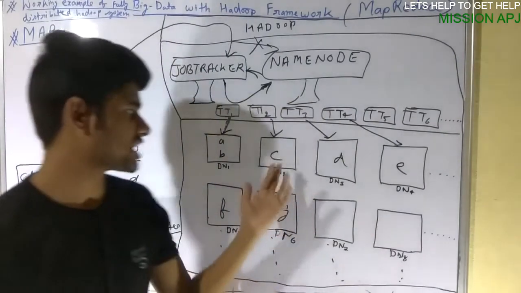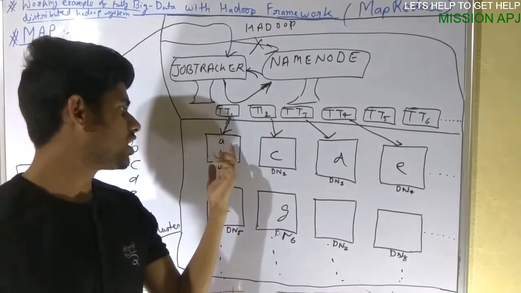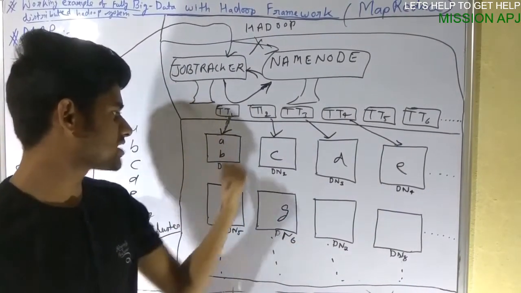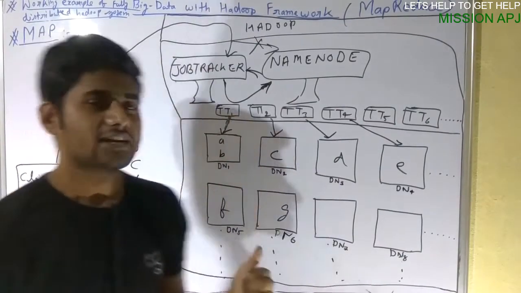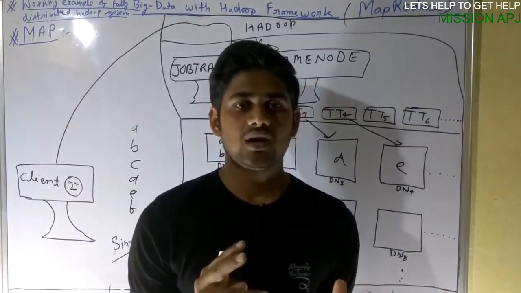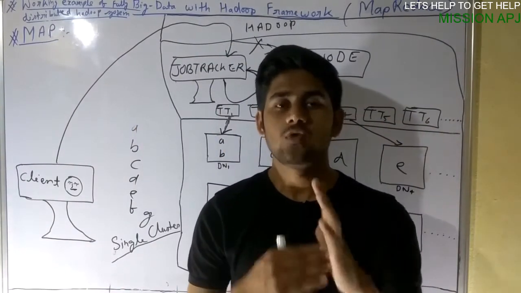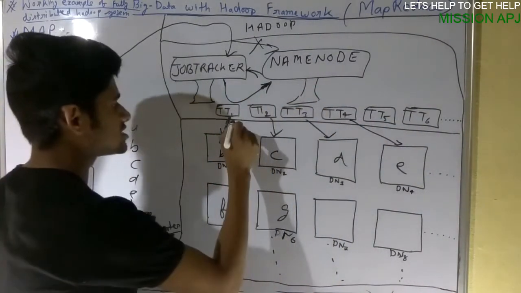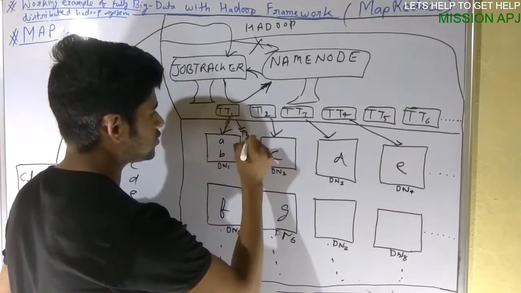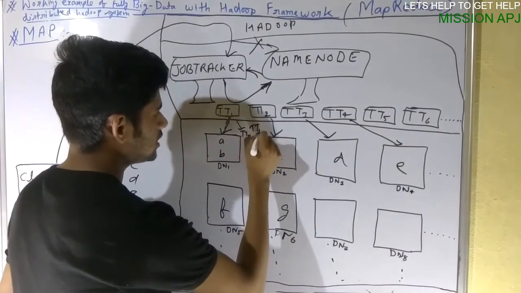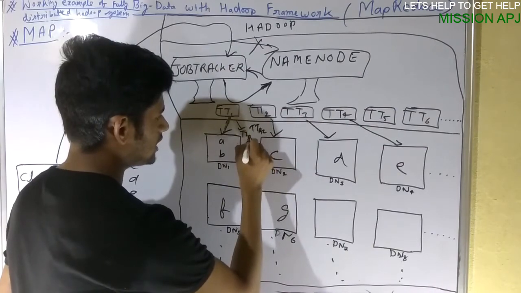So two different processes have been initiated, suppose for A and B, of client 1 and client 2. Then instances of task tracker 1 will be created, suppose TTA1 and TTA2.